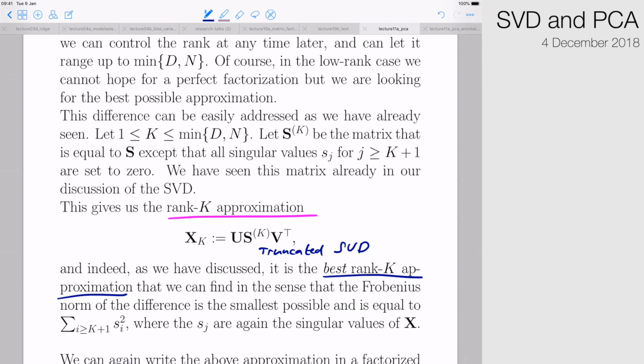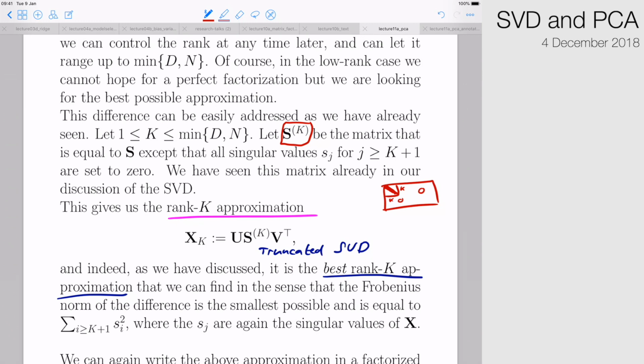This is really the same thing. S_K is the same definition as we had. S_K is again this matrix, which is just K by K here, and 0 everywhere else. And the truncated SVD gives you a matrix which is a rank K matrix.